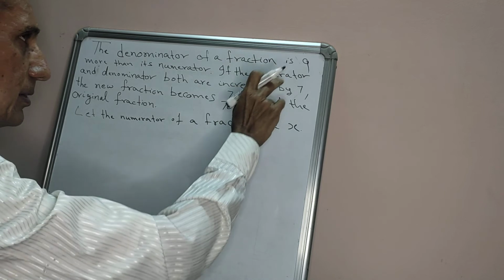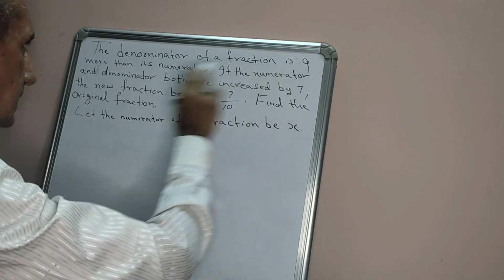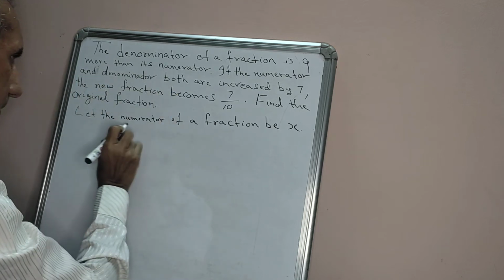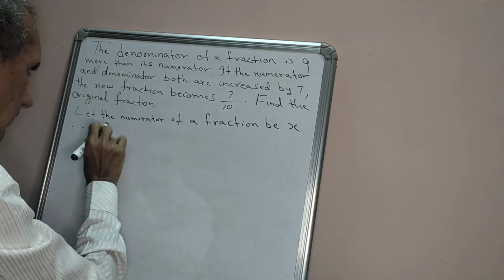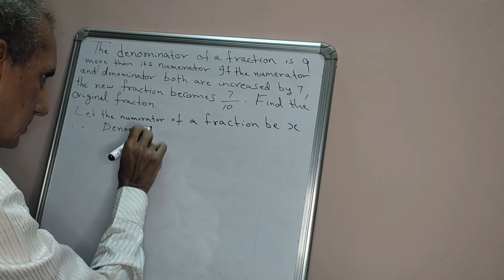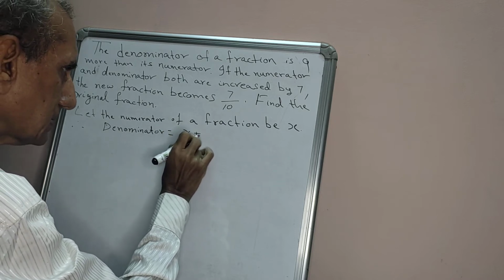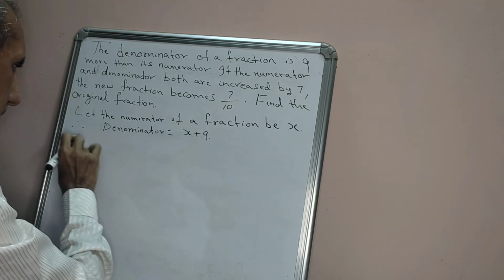So what would the denominator be? The denominator is 9 more. Therefore, the denominator is equal to x plus 9. Hence the fraction is x by x plus 9.